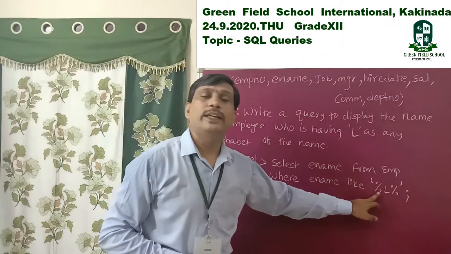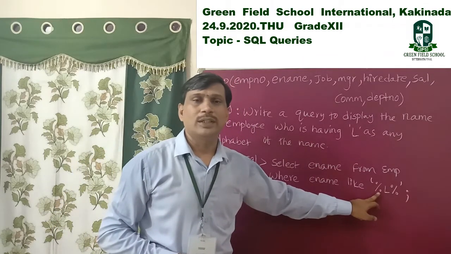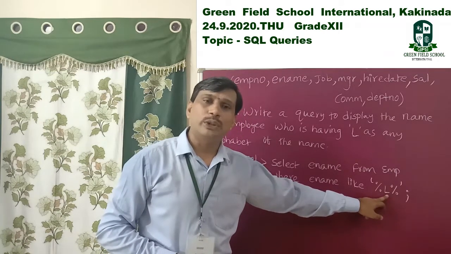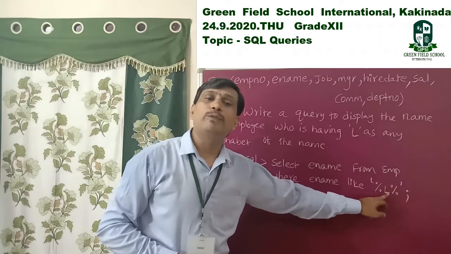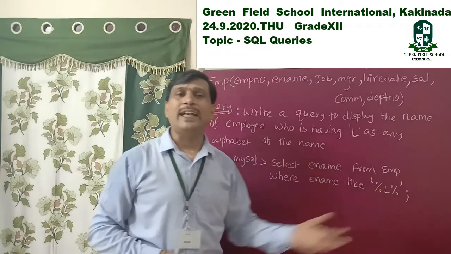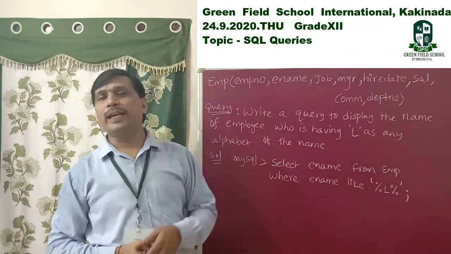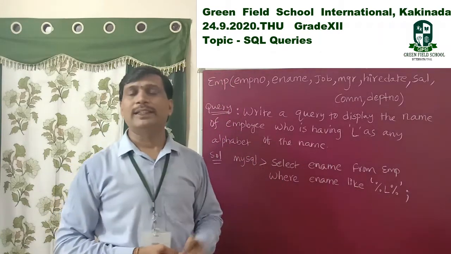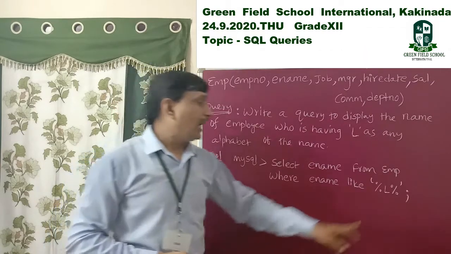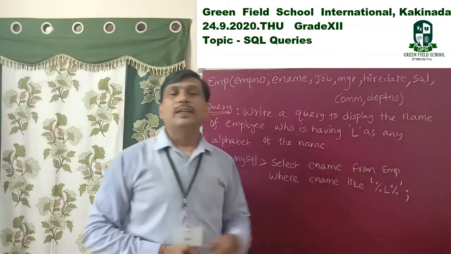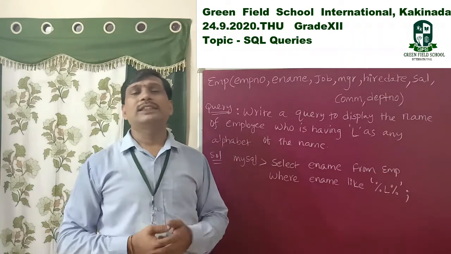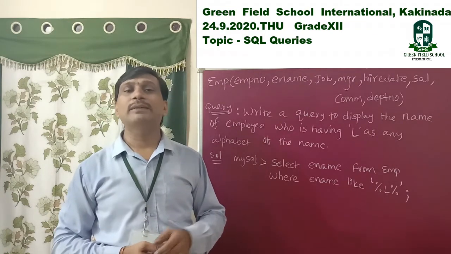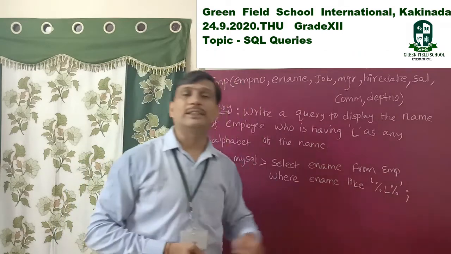That's why we specify a percentage here. Capital L must and should be used. Before that, any characters are valid, 0 or more characters, replaced with a percentage. Next, after L, no characters, a single character, or more than one characters are valid, so that can be replaced with one more percentage symbol.